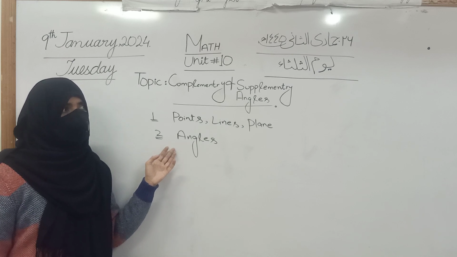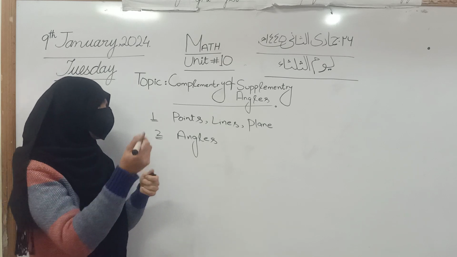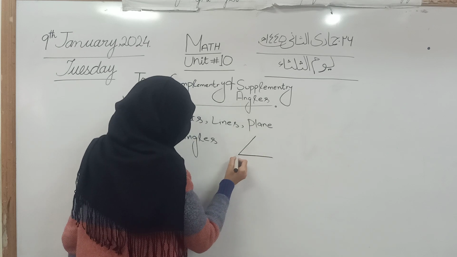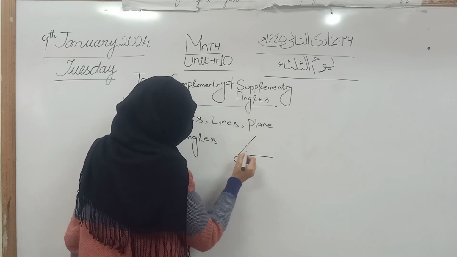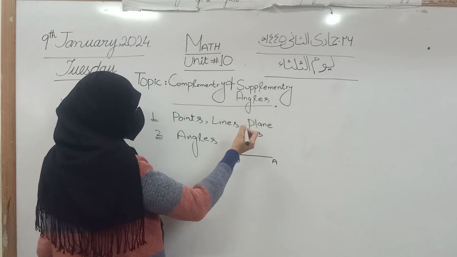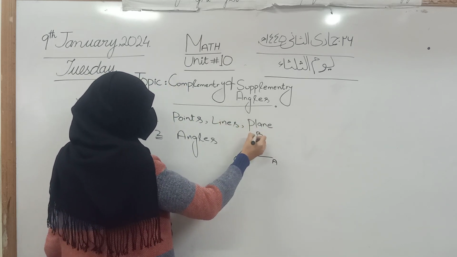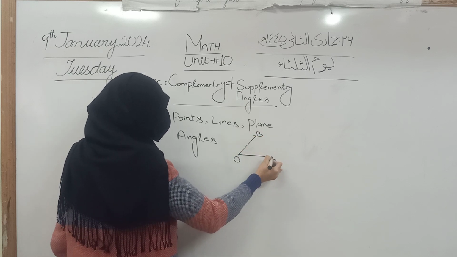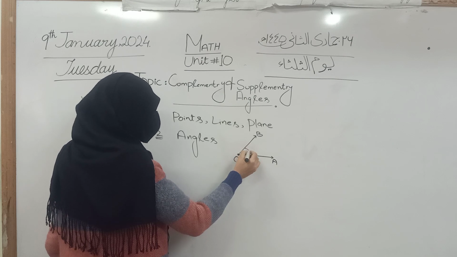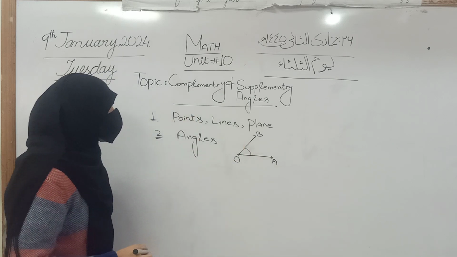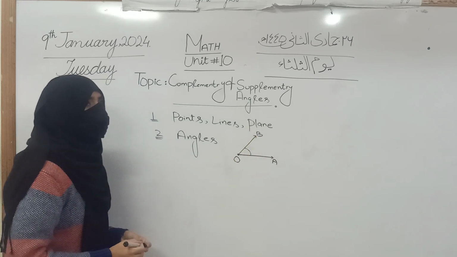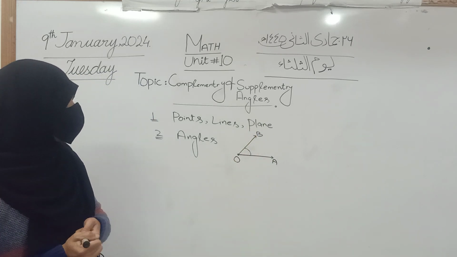If there are two rays sharing a common vertex like this one, this is vertex O, this is A and this is B, we have studied that if there are two rays OA and OB sharing a common vertex O, then there will be an angle. This is the definition of an angle, how an angle is formed: two rays sharing a common vertex.